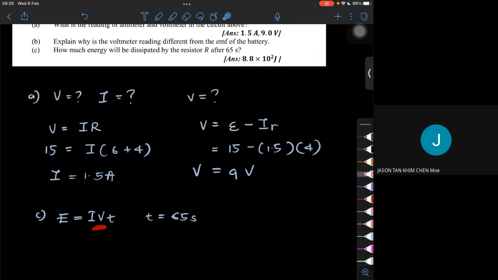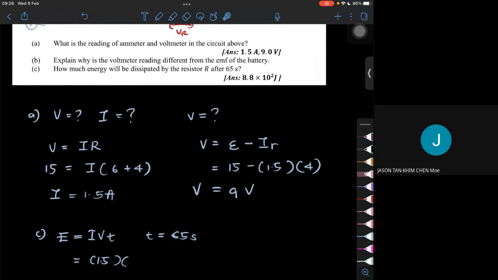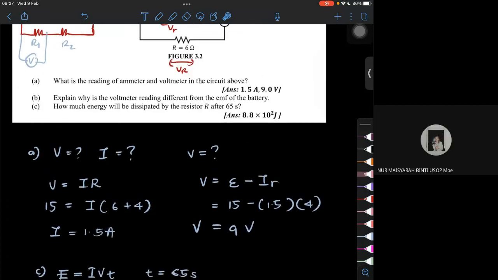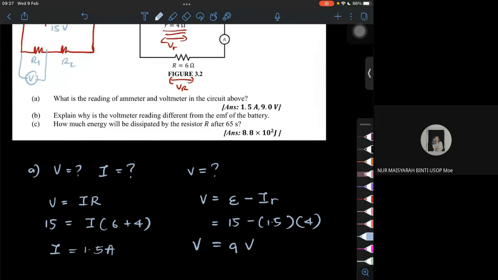And then the V dekat sini adalah which one? Which value of V? 9. Macam mana kamu tahu dia adalah 9? How do you know if it's 9? Bukan 15?